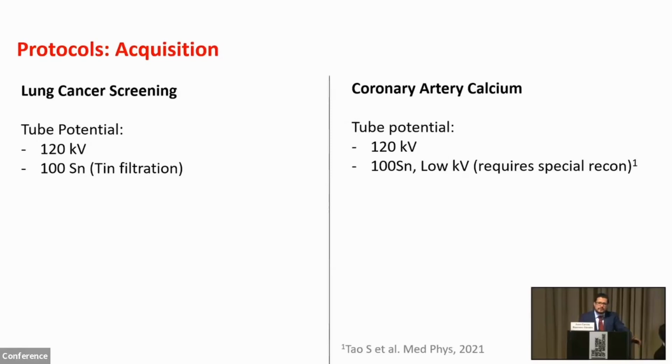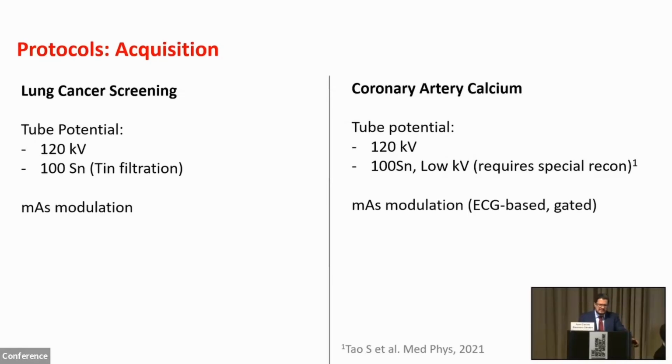At least for calcium, when you want to quantify, you need to realize that when you change the tube potential, the Hounsfield unit is going to change as a function of the kVp for calcium. So as you're doing the acquisition, you'll have to consider this and make sure that your manufacturer's reconstruction and some of the steps along the workflow consider and correct for it.